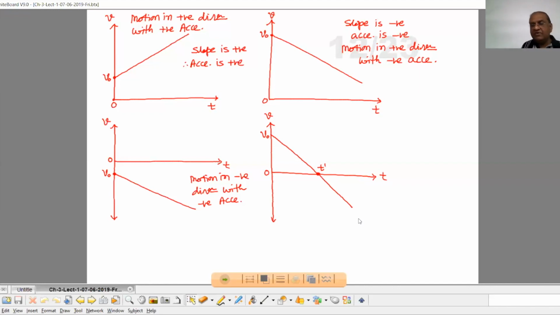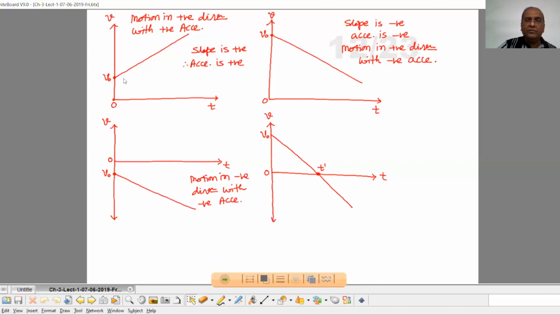When you throw it vertically upward, the initial velocity is maximum. As it moves upward, its velocity is continuously decreasing. When it reaches the maximum height after some time, its velocity momentarily becomes 0. Then it moves in downward direction, and now its velocity is continuously increasing, but the direction is now changed. So this is the graph for that type of motion.